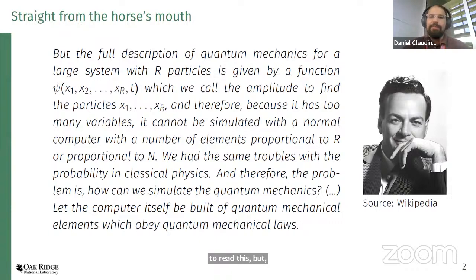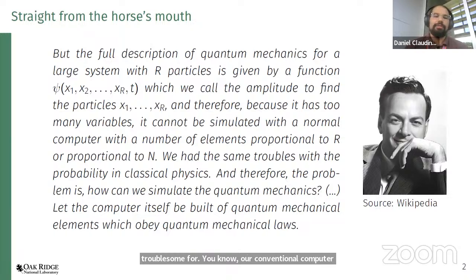I don't expect anybody to take the time to read this, but the gist of it is that if you have several particles, they are all governed by quantum mechanics, with their interactions and positions evolving in time. So you have a lot of correlations that are very troublesome for our conventional machines, classical computers, to cope with. So he proposes: what if we come up with a computer that is also itself governed by the same laws?